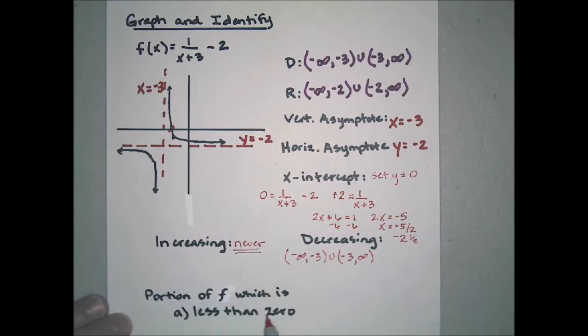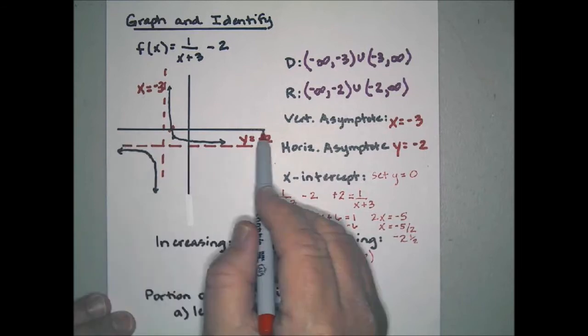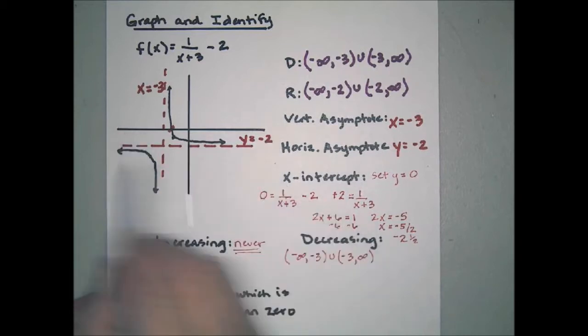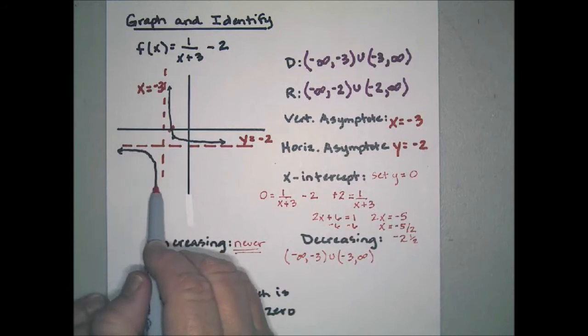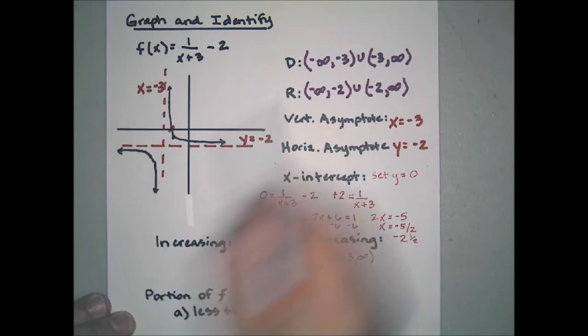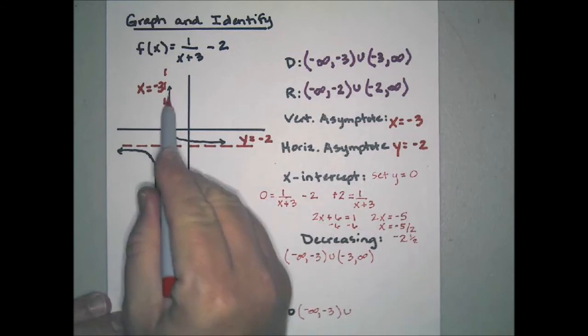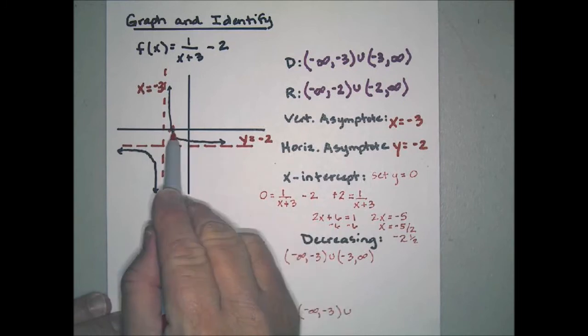Now, where is this graph less than 0? Where does this graph have negative y values? Or another way of saying, where is it below the x-axis? Well, this entire portion right here is below the x-axis. So that's this part of the domain. Negative infinity to negative 3. Now, not all of this portion of the graph is below the x-axis.